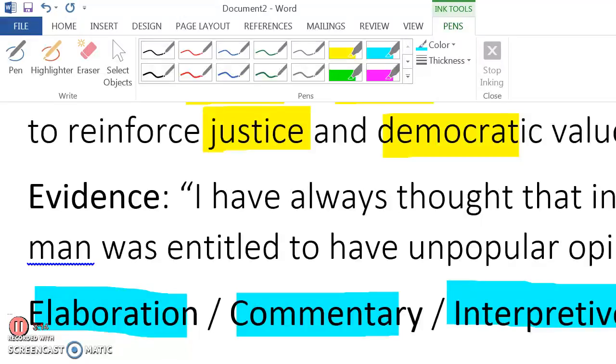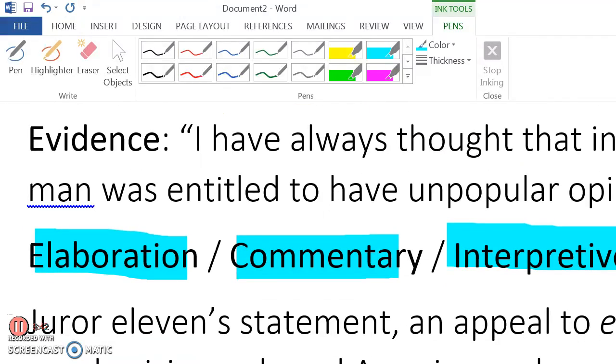I do think that he is emphasizing shared values by an appeal to ethos by emphasizing a shared American value, reinforces the importance of dissenting opinions in a democracy.